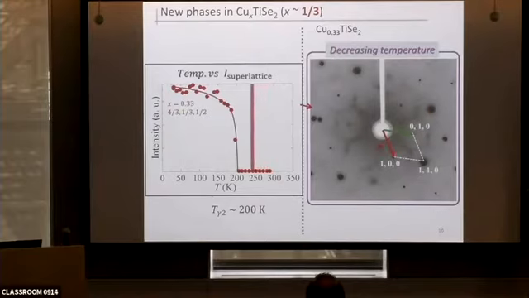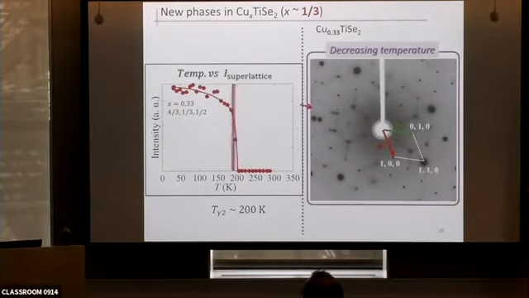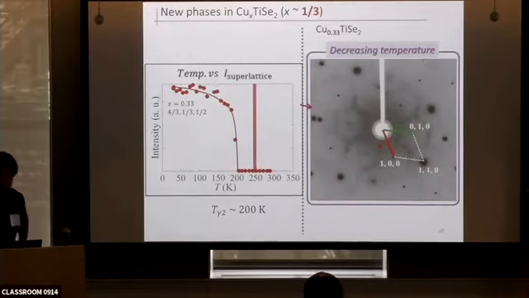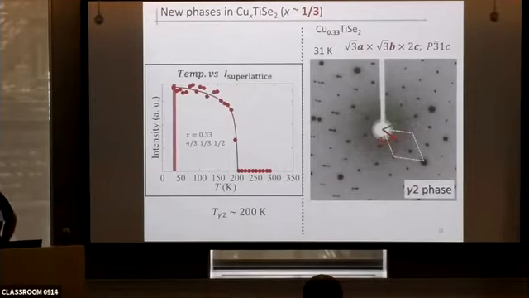This means that the superlattice structure is long-range ordered. This figure shows the temperature dependence of the intensity of the superlattice spots. The transition temperature is 200 Kelvin. The unit cell size of the superlattice is root 3 by 2. This supercell size is different from pristine titanium diselenide, which is 2 by 2 by 2.